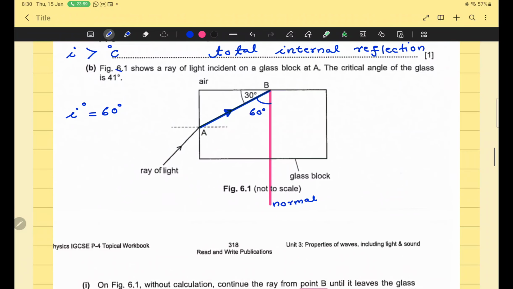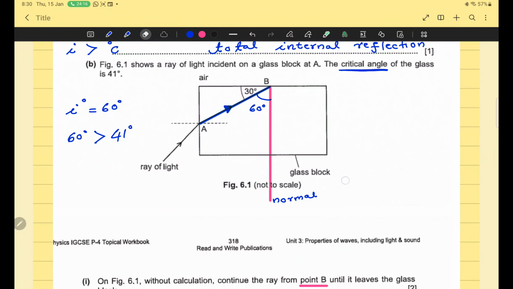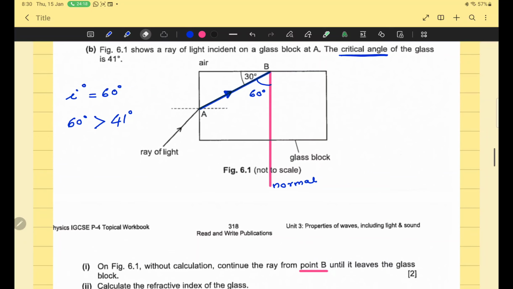Acha beta Rafe, the critical angle is 41 degrees. If the incident angle is greater than the critical angle, then what happens at point B? Sir, there will be total internal reflection.